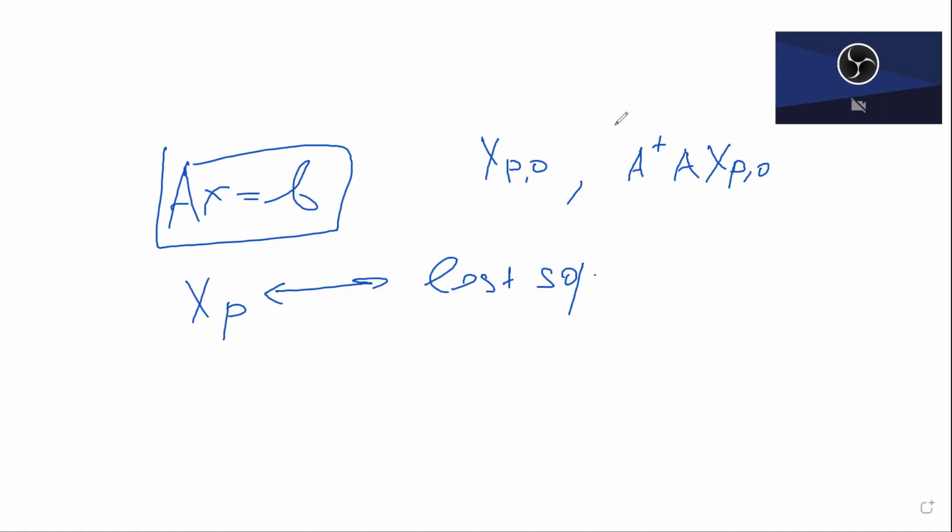Unless you know the row space basis. So this is the way you would find this least squares solution by projection.